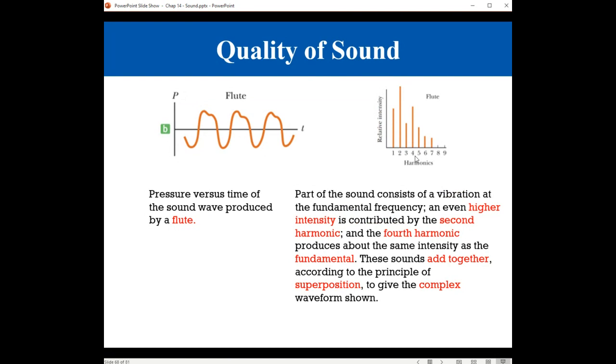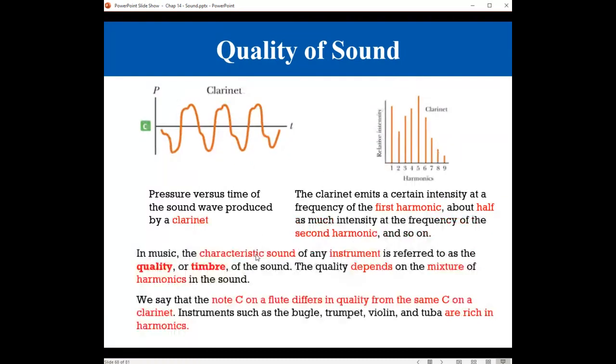You will note also that the fourth harmonic and first harmonic have the same intensity level. So this complex structure determines the quality of sound generated by a flute.